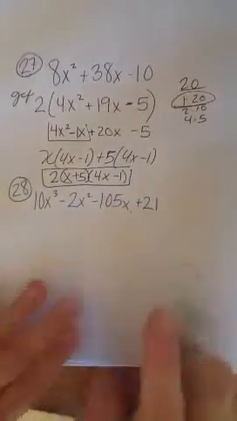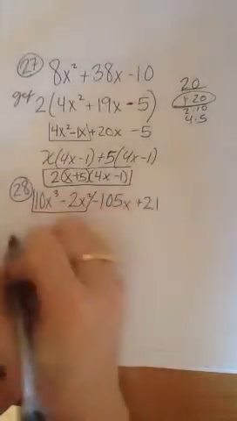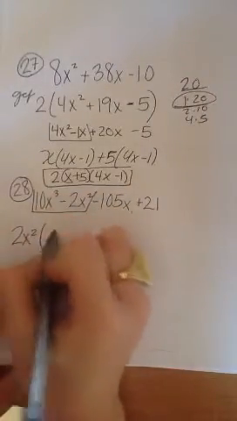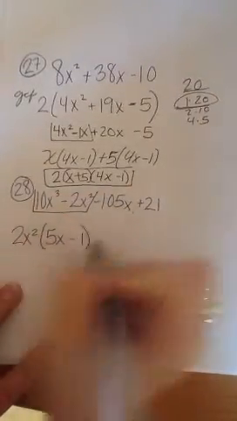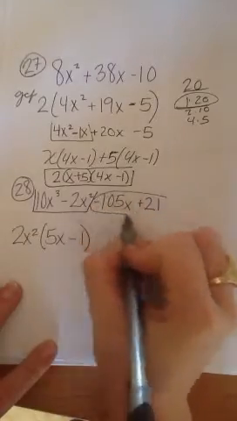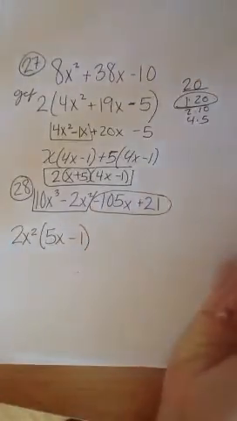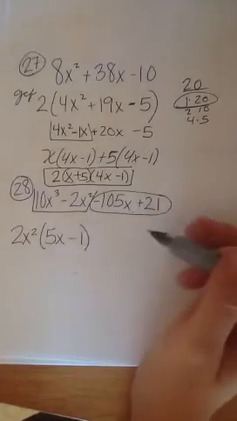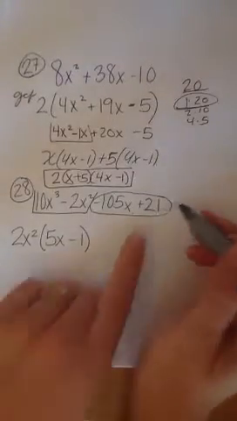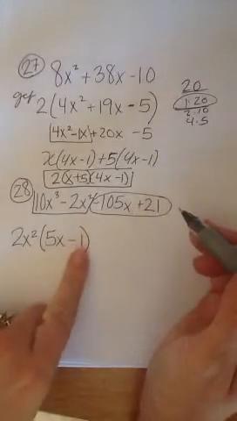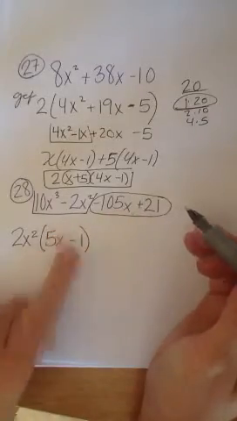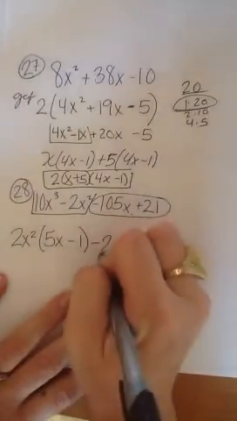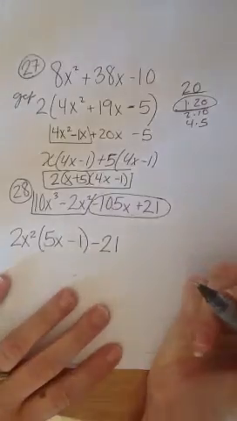Number 28, GCF, 2x squared, 5x minus 1. Last group here. Now, if you're kind of stuck and don't know how to find a GCF, look at what you want these numbers to become, because these should end up looking alike. So I'm going to take out a negative 21.